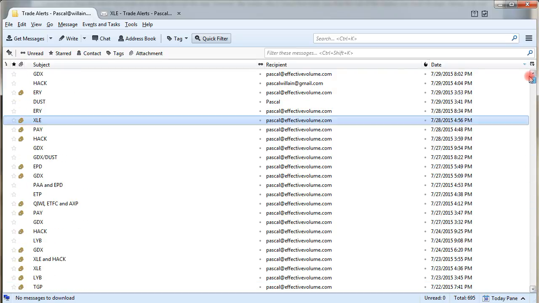So yesterday, for example, I sent 1, 2, 3, 4 different emails regarding the different positions. So I always send an email whenever I'm ready to place an order or when the order has been executed. And usually I try to attach some graphs to explain the hows and the whys of this or that decision.